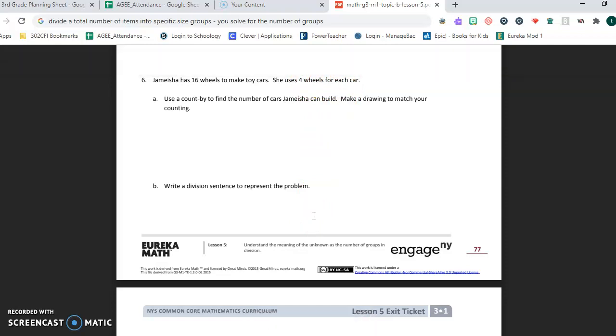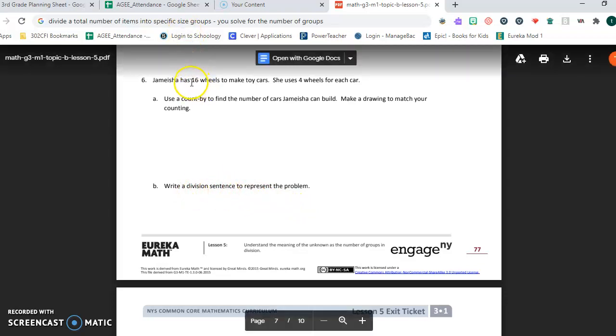So the cars themselves represent the groups because they're groups of 4 tires. So your division sentence or equation is going to start with the whole, and you're going to be dividing into a specific size group to find the number of groups.